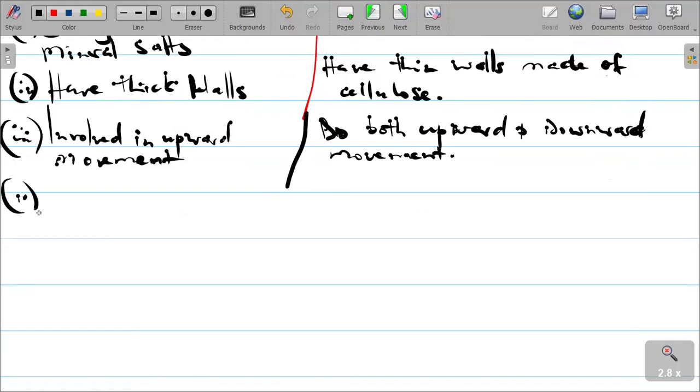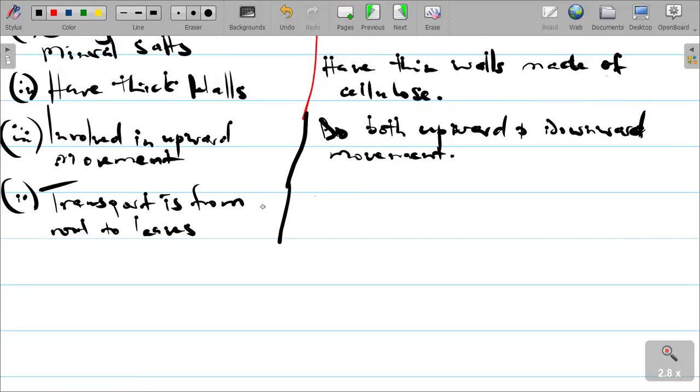And then we can also mention that the xylem vessels do transport from roots to leaves. But if you can check on the phloem, actually transport is from leaves to roots.